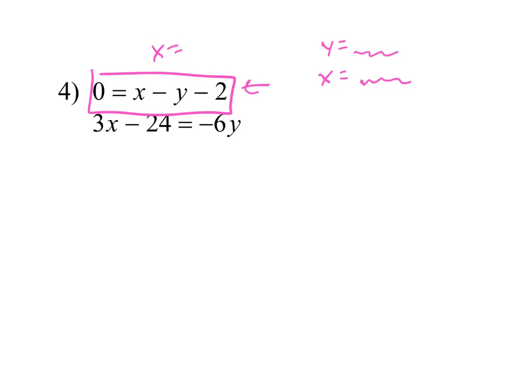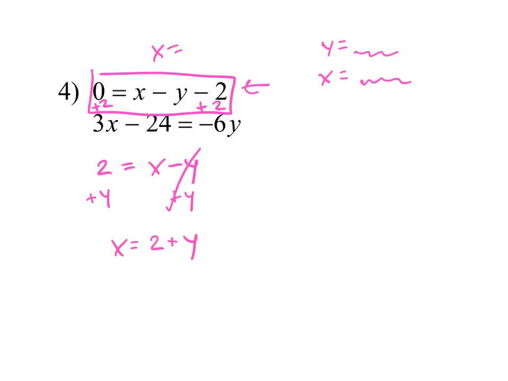We need to move the minus y and the minus 2 to the other side. So how can we do that? Add 2. So we have 2 is equal to x minus y. What do we have to do next? Add y. So x is equal to 2 plus y.